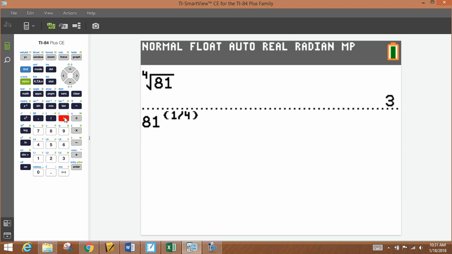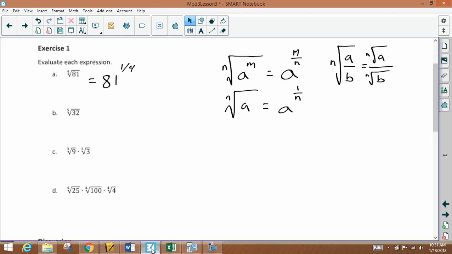It screws it up. Okay? And you get 3, which is the same thing. Okay. So then what's this? You can put it in your calculator, or you could say, hey, what number times itself 5 times is 32? It's going to be 2, right?